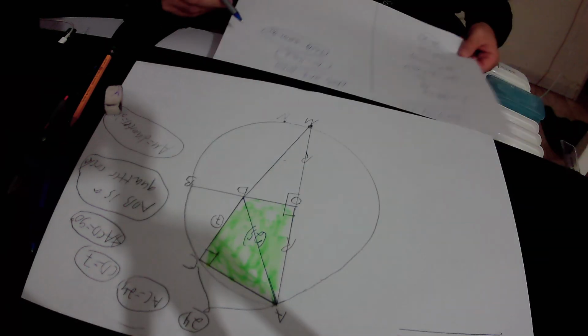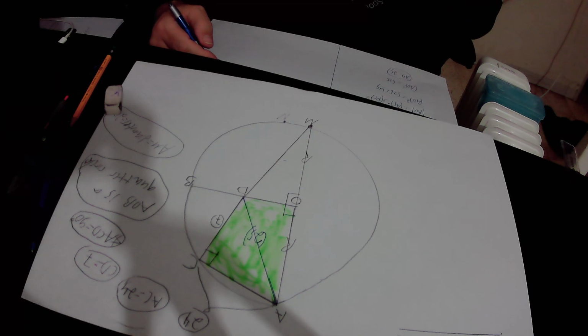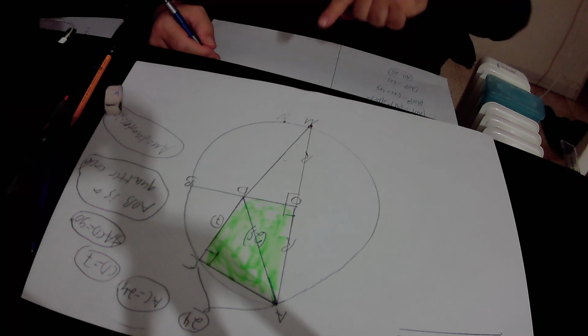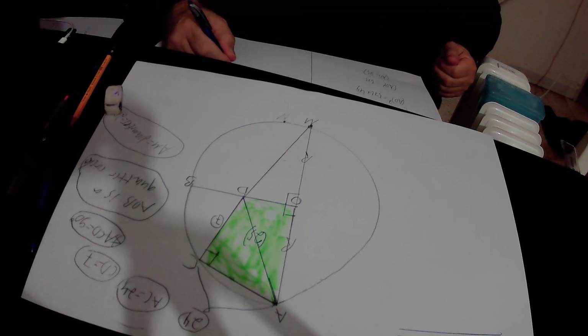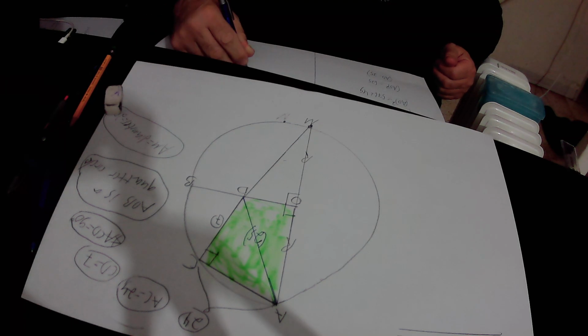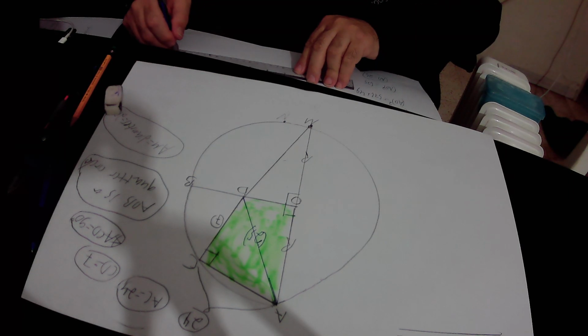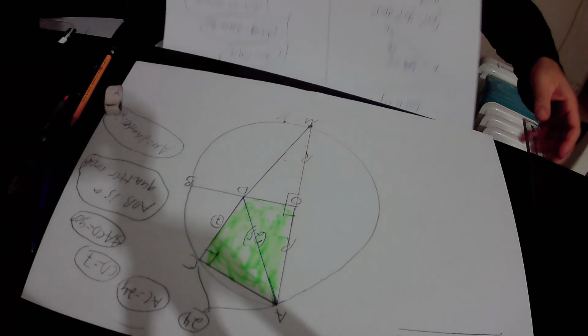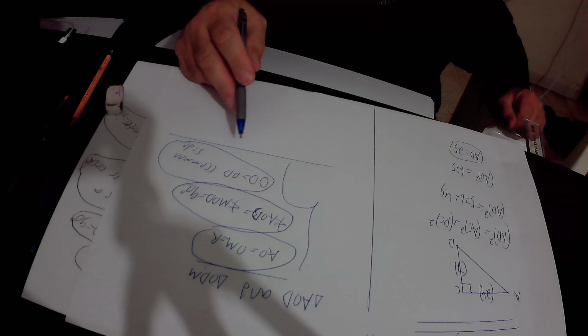And finally, side OD is a common side that belongs to both triangles, so OD equals itself.